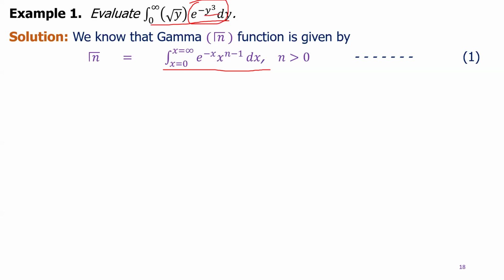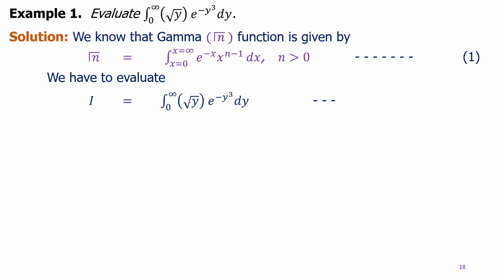If we replace y cube by t, let us go ahead. We have to evaluate I is equal to the integration under the limit 0 to infinity root of y into e to the power minus y cube with respect to y.